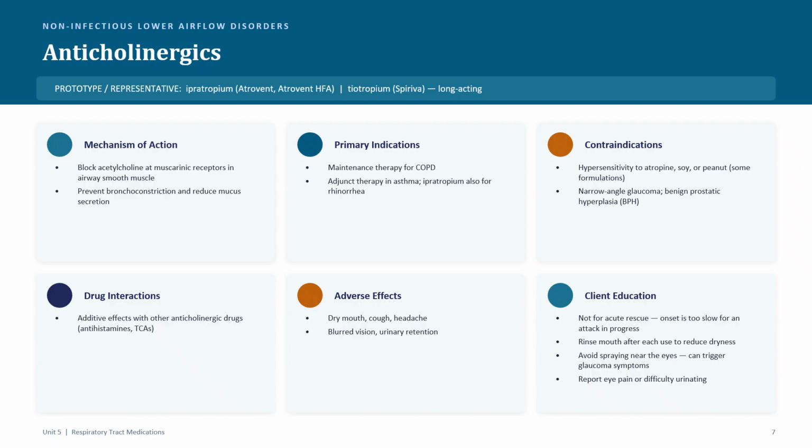So clinically, these are maintenance drugs for COPD. And just like the LABAs, the long-acting beta agonists, these medications are not for acute rescue. The onset is too slow to help someone that's having an attack right now. Now, also with these medications, and it's with the formulation, it's with the way the medication is manufactured versus the mechanism of the medication.